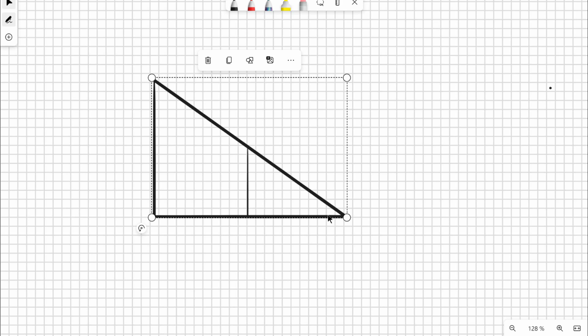One for the smaller and one for the bigger. It's the same. And see the parallelisms here.